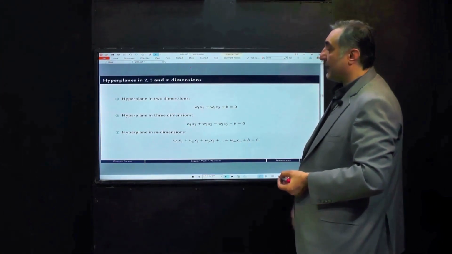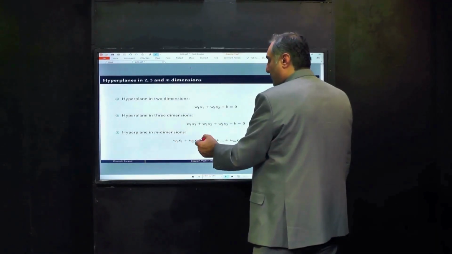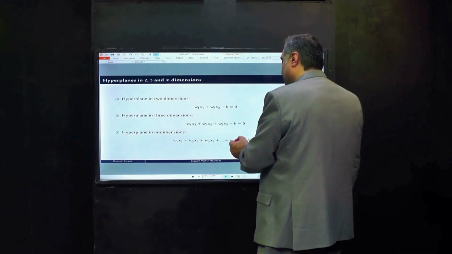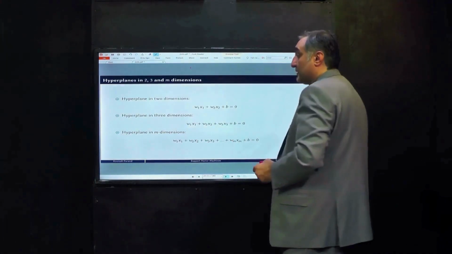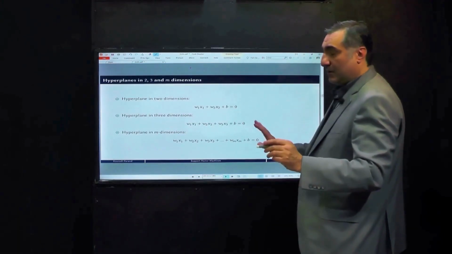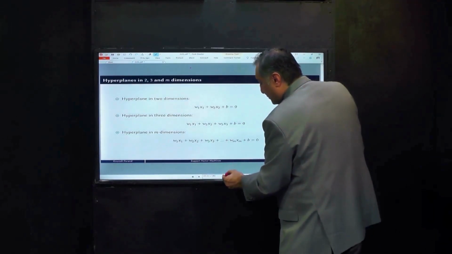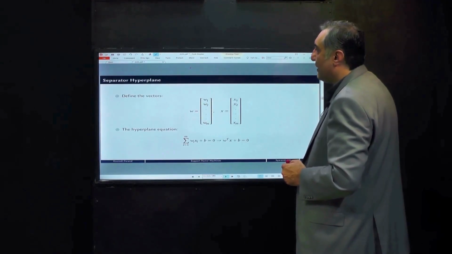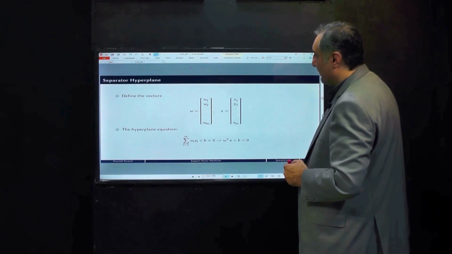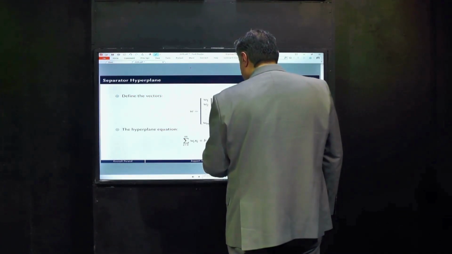Now, in this dimension, it's written as w1x1 plus w2x2 plus w3x3, and so on, plus wmxm plus b equals 0, right? Okay, I want to show this in a simple mathematical notation so that I can later work with it in matrix form. As you know and can see, this is in the form of W transpose times x plus b equals 0.